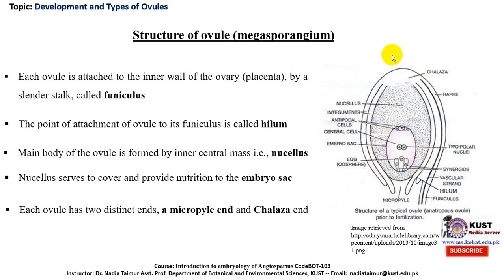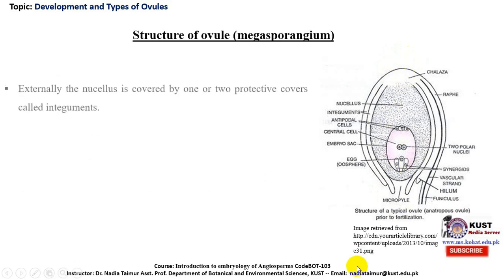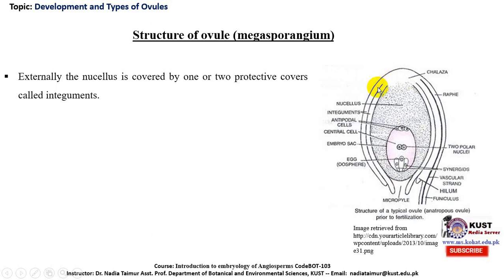Now, each ovule has two distinct ends, the micropyle end and the chalaza end. Externally, the nucellus, which is shown here, is covered by one or two protective covers called the integuments. So these two here represent the integuments.